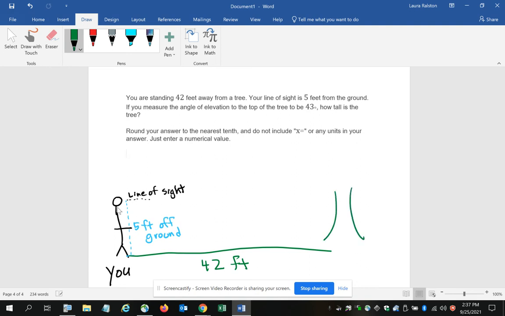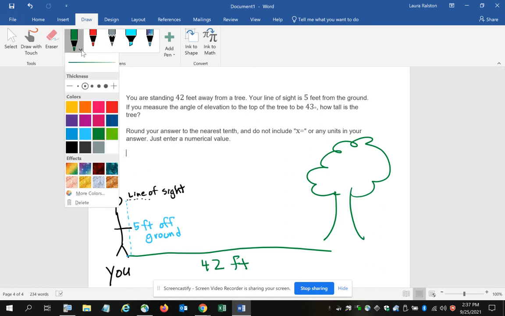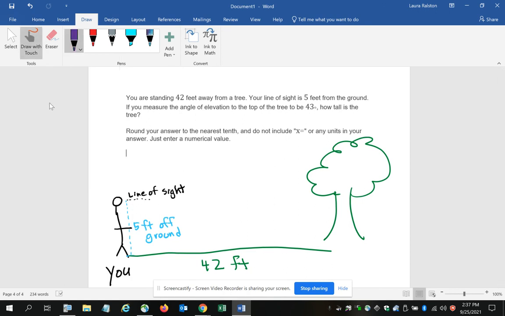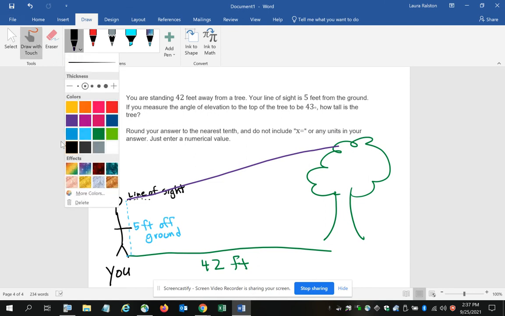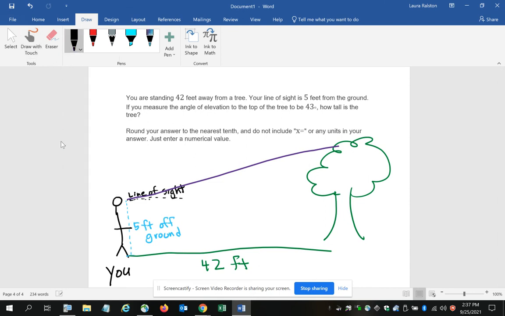So then we got a tree. Your line of sight is 5 feet off the ground. And it says if you measure the angle of elevation from your line of sight to be 43 degrees. So your line of sight is like the horizon. So this angle here between your line of sight is 43 degrees.